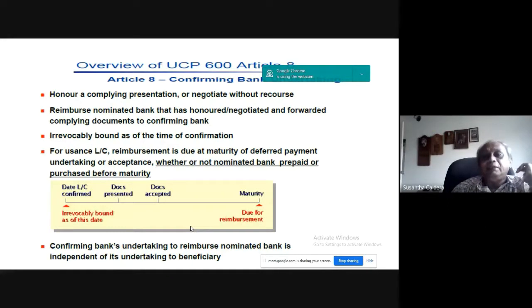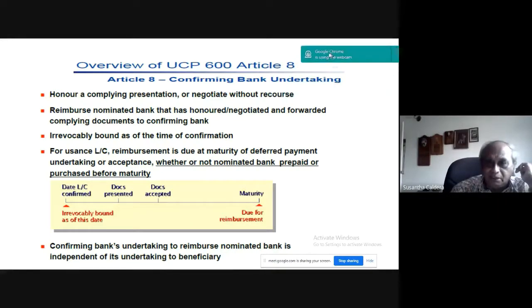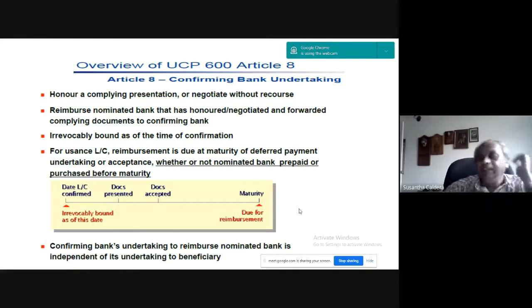Number 8, confirming bank. Why are we confirming the LCs? Because if there's a country risk or bank risk, then we ask for confirmed LCs. Confirmation to be added. Nowadays, for most of our LCs, the advising banks are asking for confirmation.